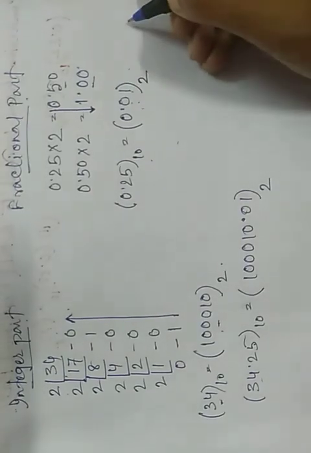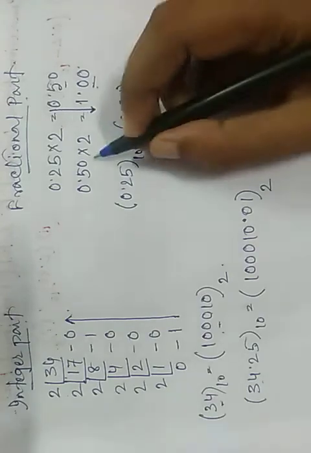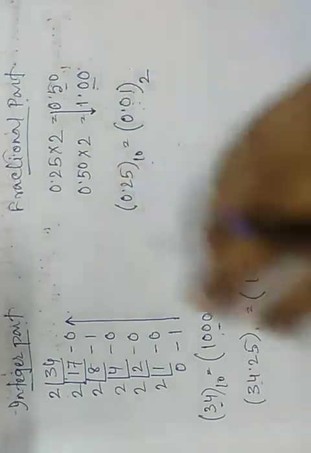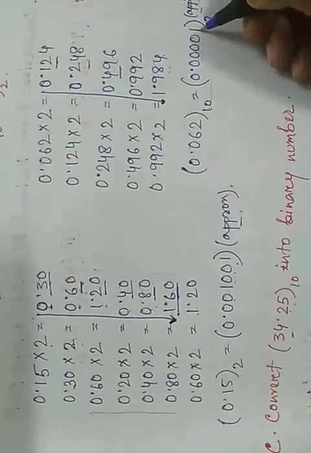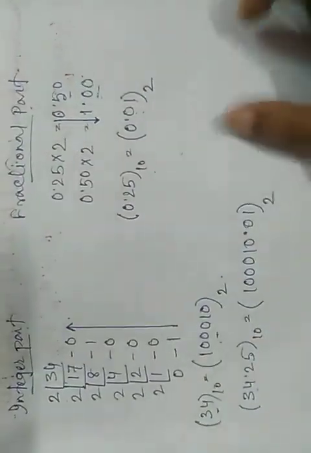Here we don't have to write approx because it is completely multiplied. 00 multiplied by 2 becomes 00. But in our previous example, if it is not completed, then we have to write the value approx. So this is very easy.